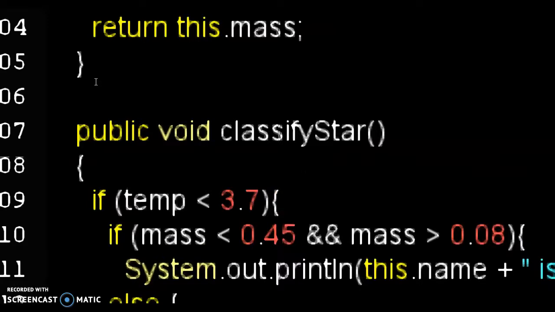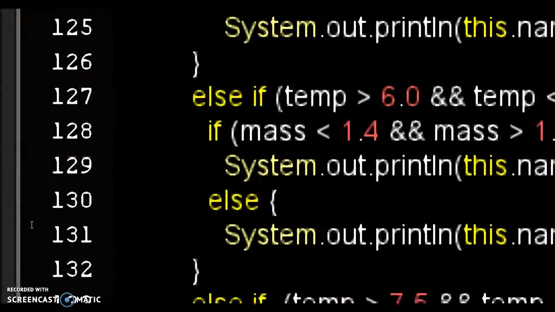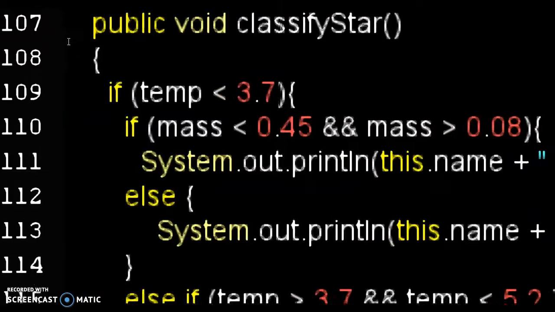And now we have our method named classify star. It is public with a type void return. The way that this is going to work is we have a very long if-else statement with a nested if-else statement in it.